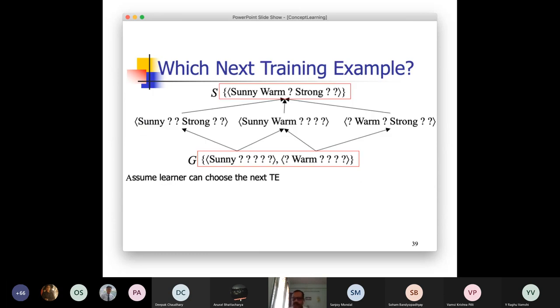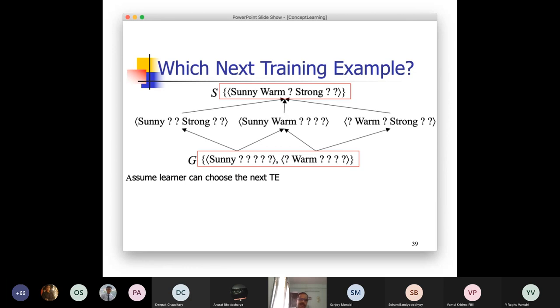Now, there are a few issues we would like to discuss about this algorithm once again. On top of that, we would like to also discuss some general issues in learning with this example, because concept learning is a very good example which reflects various issues of learning.